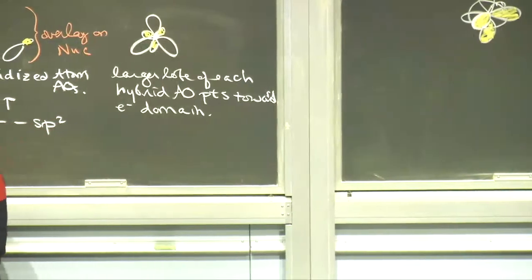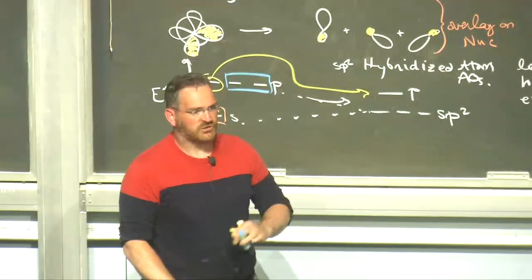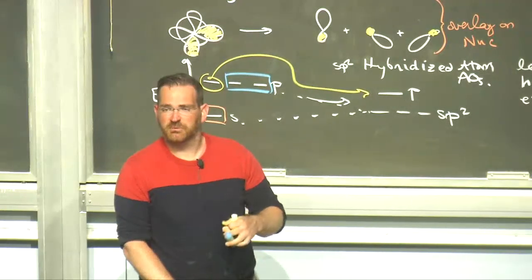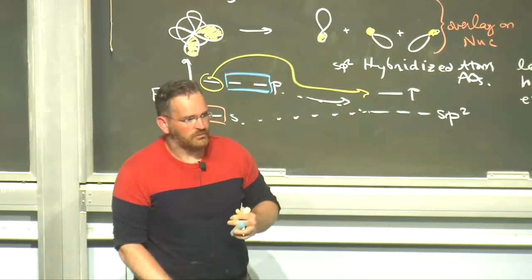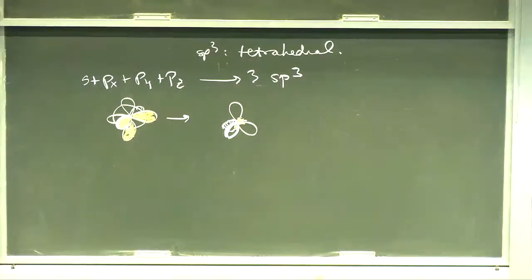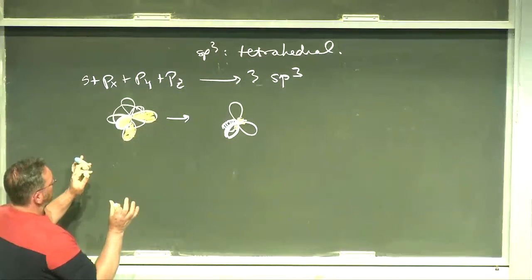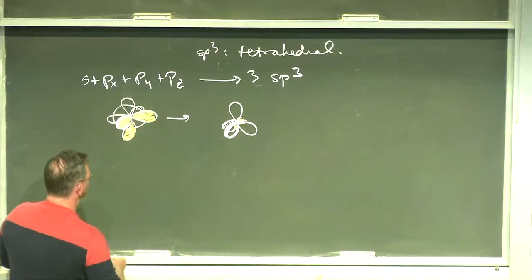And again, why am I shading in the little lobes? Because I'm lazy. If you want, shade in the big one. Follow your heart. If you want, shade in some of the big ones and some of the small ones. Whatever. As long as every time you go through a node, you switch your phasing. All right, so there's our SP3 hybridized looking thing. Again, big lobes pointing towards the electron domains.